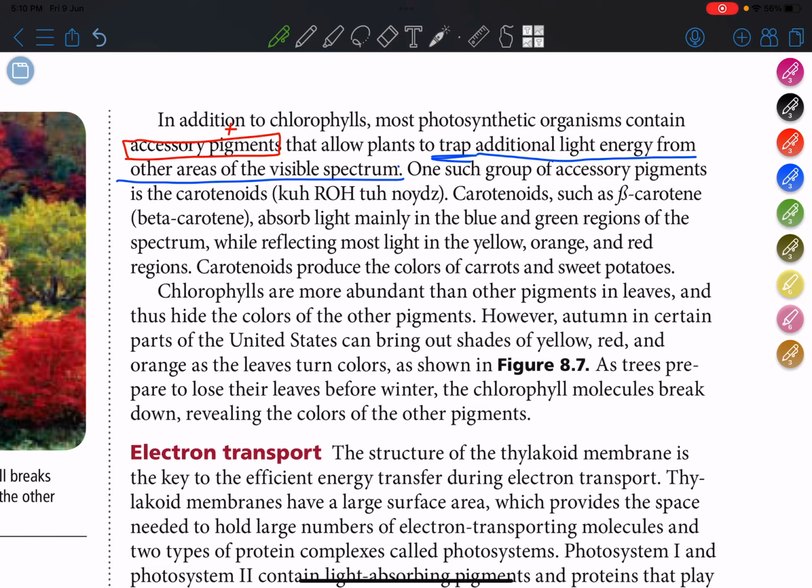We know that the chlorophyll will absorb only blue and violet. So accessory pigments allow for other colors to be absorbed. One example of accessory pigments is carotenoids. So carotenoids are an example of accessory pigments.